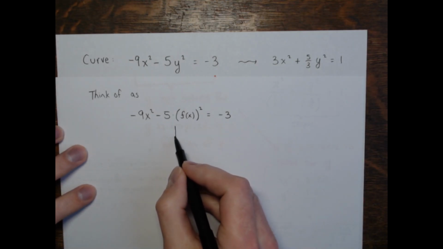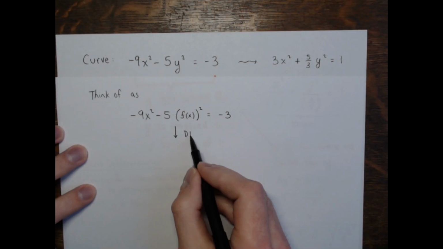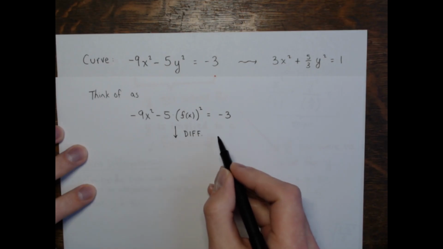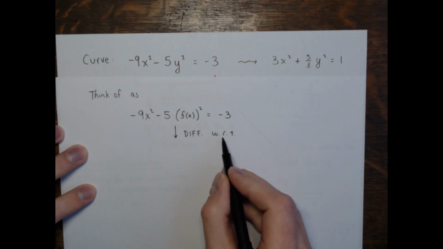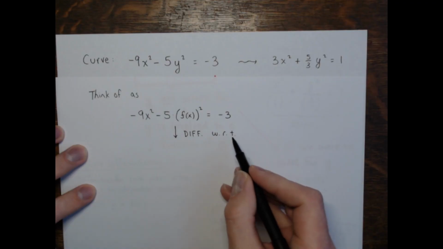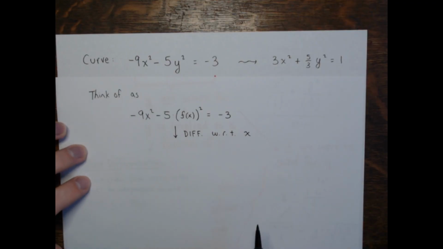And then from here, we differentiate both sides with respect to, and you've seen me do this in other videos, WRT for with respect to, the independent variable x.